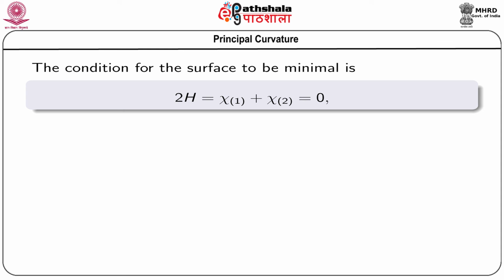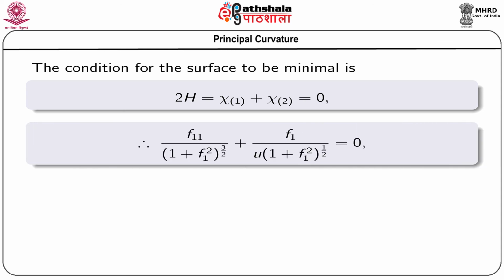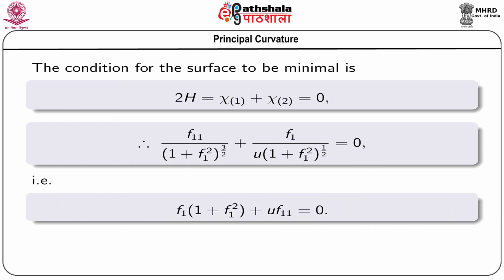So, the condition for the surface to be minimal will be f11 by 1 plus f1 square to the power 3 by 2 plus f1 by u times 1 plus f1 square to the power half equals 0. If we simplify this relation, we get f1 times 1 plus f1 square plus u f11 equals 0.